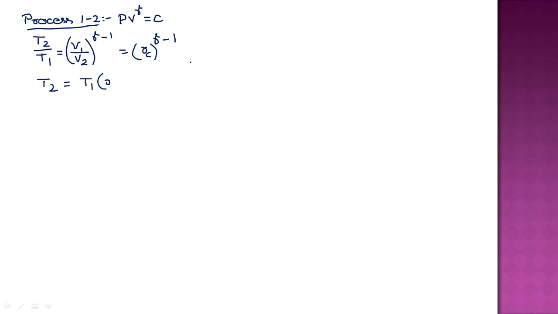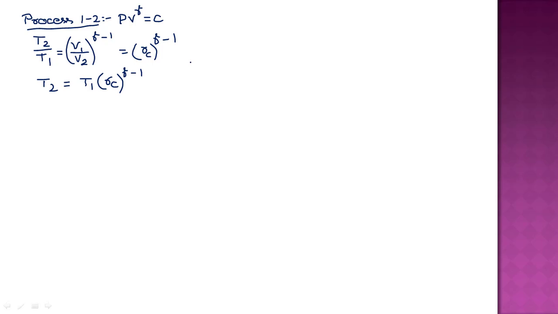We know that the relation between temperature and volume in case of isentropic compression is T2 by T1 is equal to (V1 by V2) whole power gamma minus 1. V1 by V2 is nothing but RC to the power gamma minus 1. So from this we can write T2 is equal to T1 into RC power gamma minus 1. So let us keep it like this.